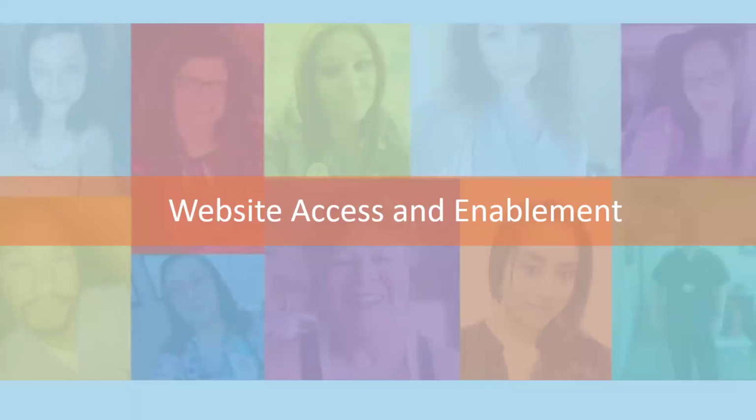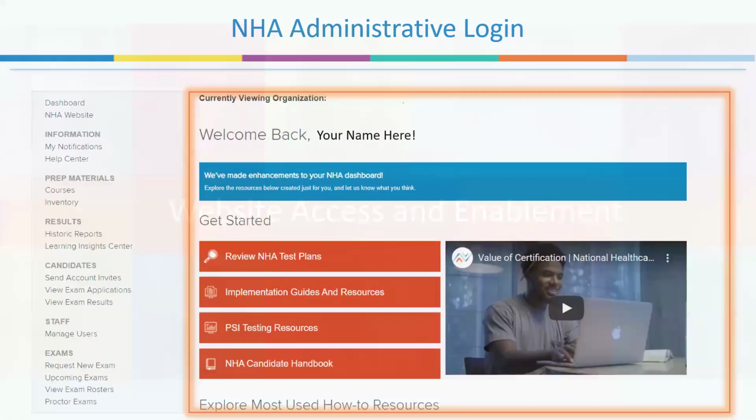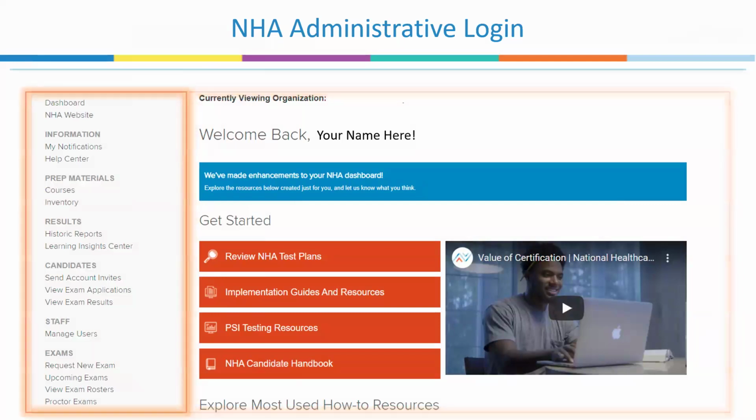Okay, so now that we've seen your resources, let's talk about your access to the website and then even get into a live demonstration. We reviewed the resource part of the dashboard, but the other portion of the NHA website is on the left-hand side in your navigation bar.